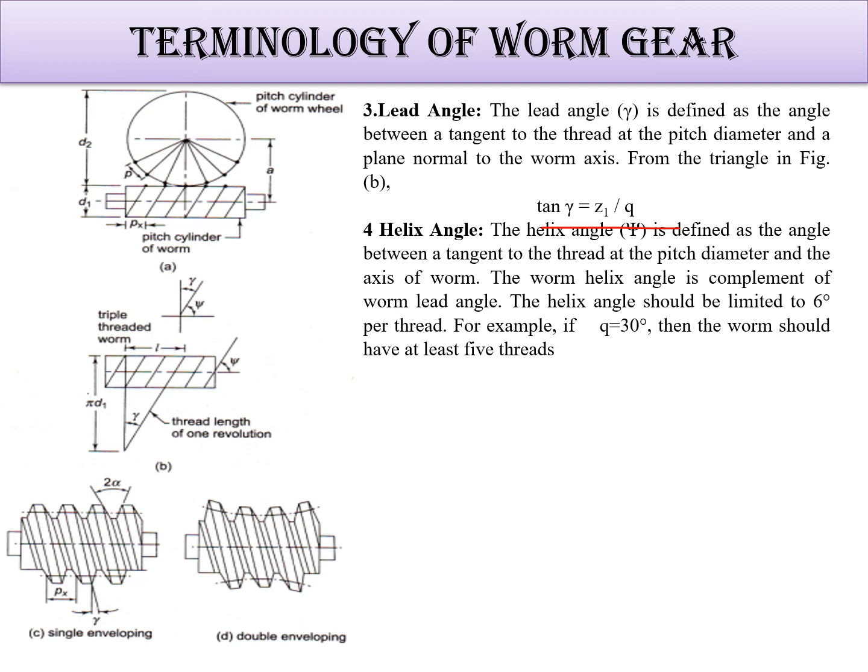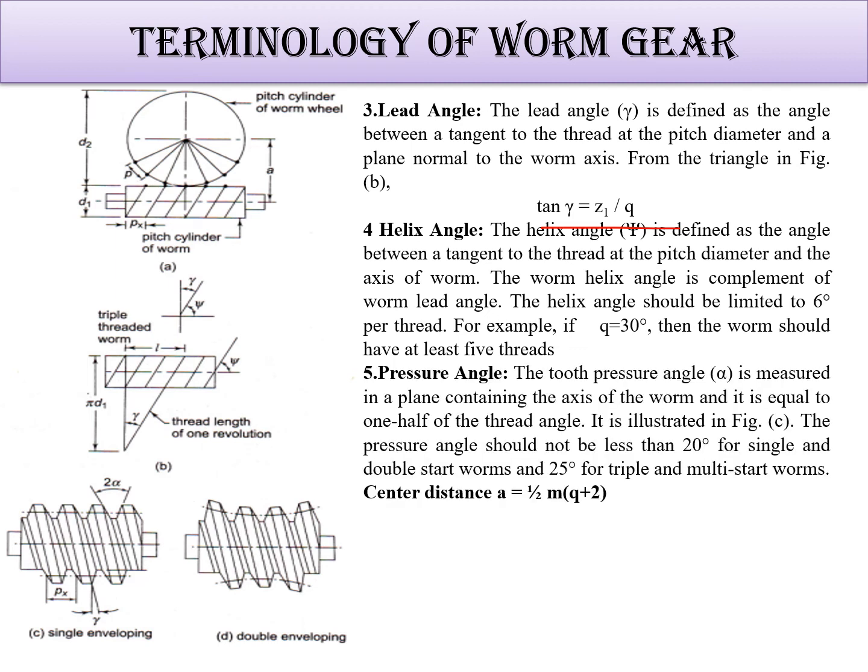Now the pressure angle is actually half of this. You can see it is 2 times alpha, and if you take half of this, you get the angle alpha.